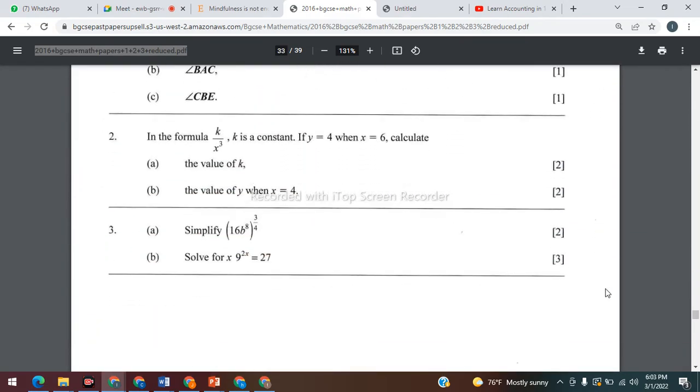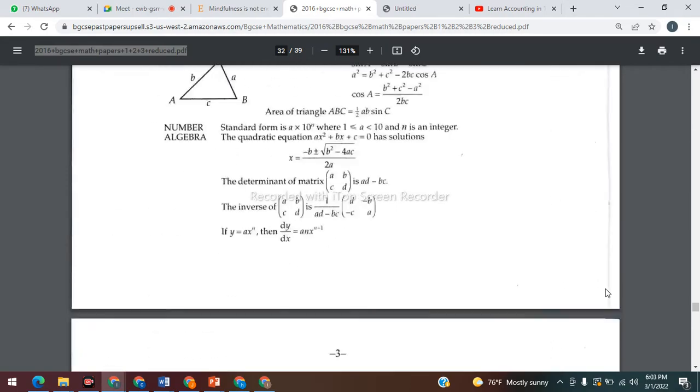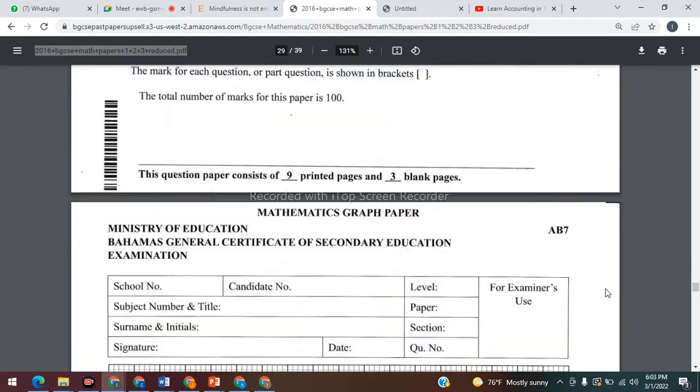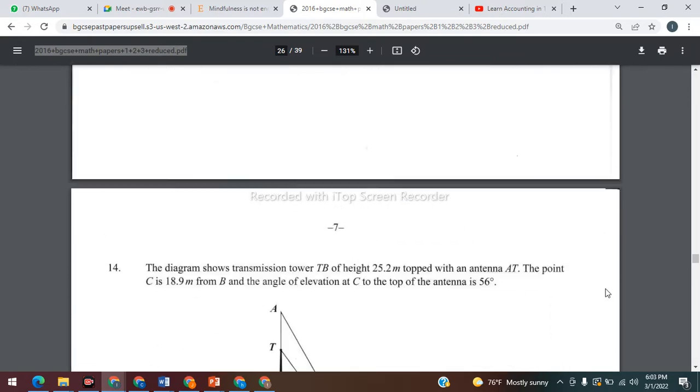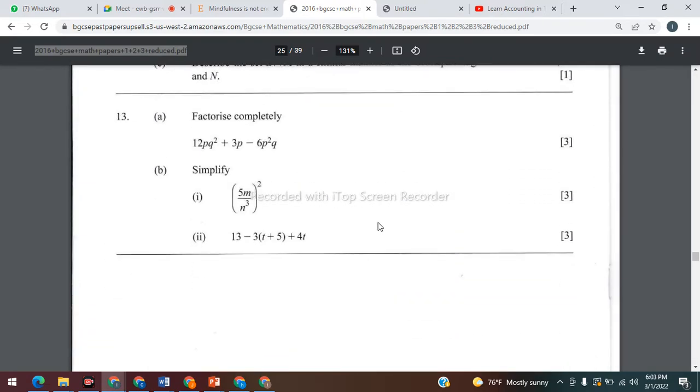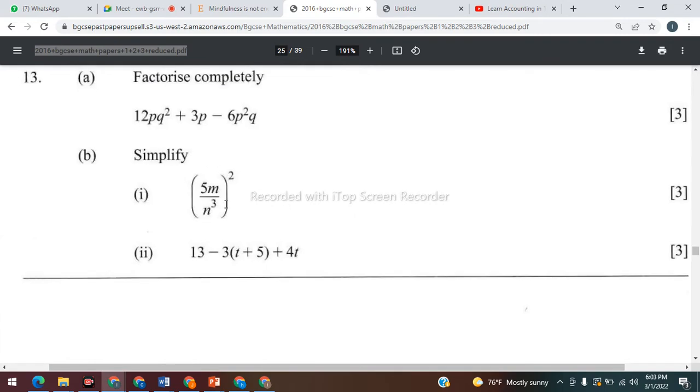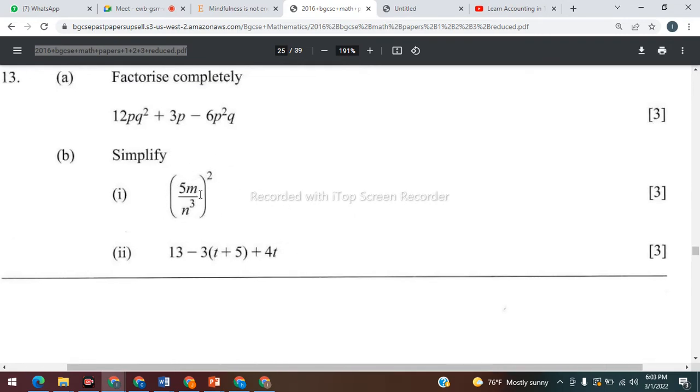It wasn't from paper 3. It was from paper 2. It's simplified. I really like how you did this question, I really did. I would have never thought of it like that, honestly.